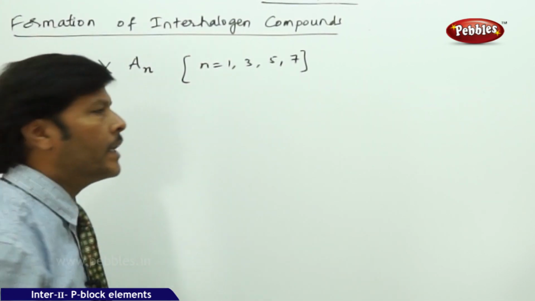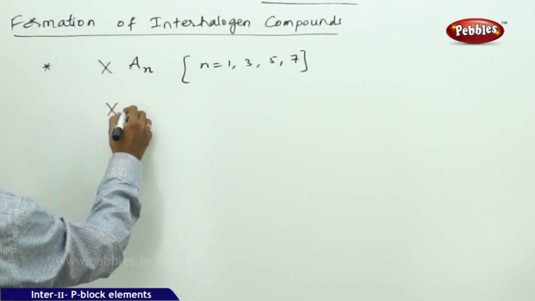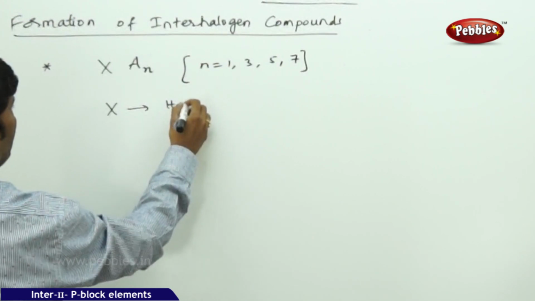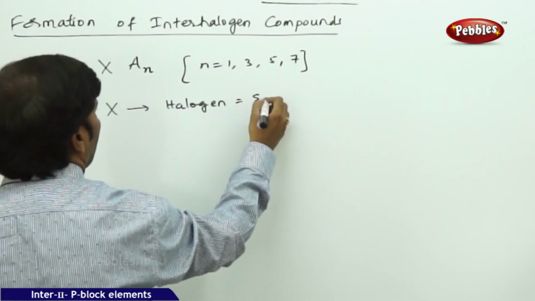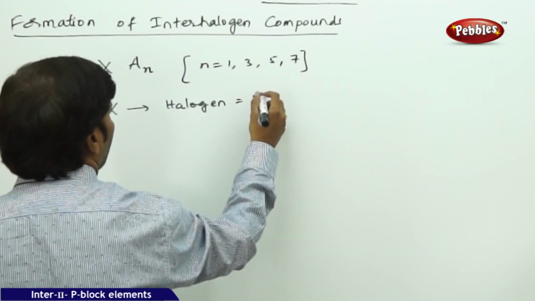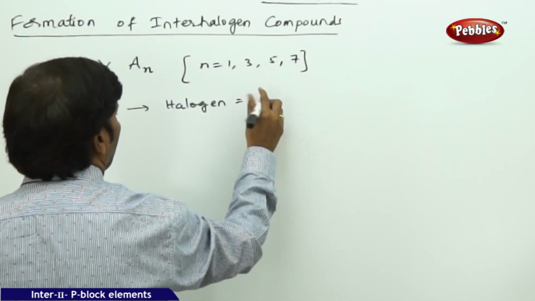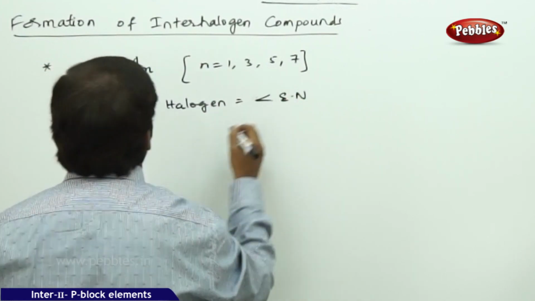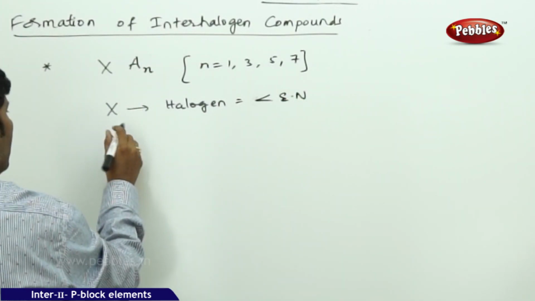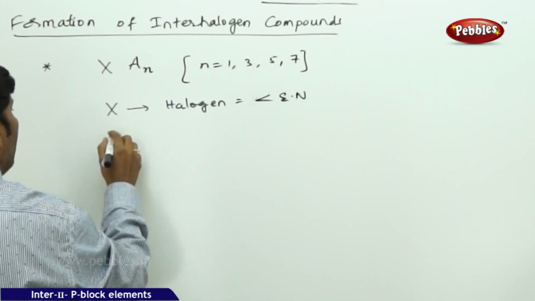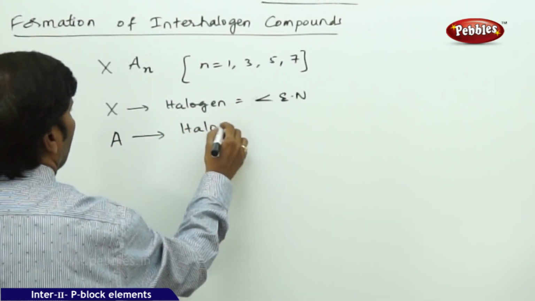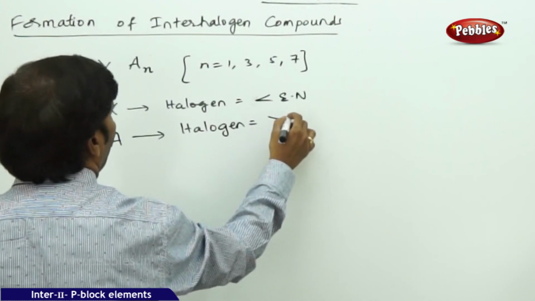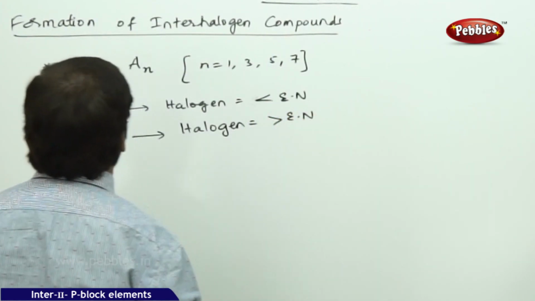Here X is the halogen with the lesser electronegativity, and A is the halogen with the greater electronegativity.